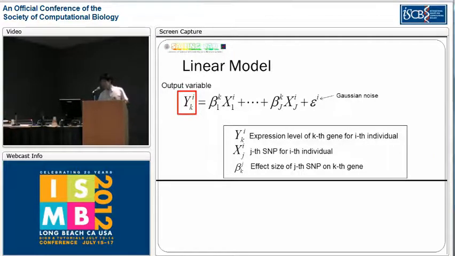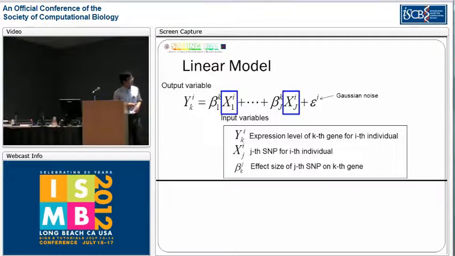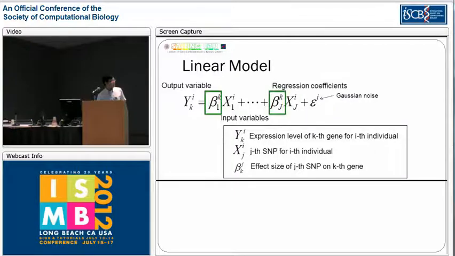And we have also input variables, which are j SNPs for the same individual. So x_ji represents the jth SNP for the ith individual. And also we have regression coefficients, beta, which represents the effect size of the jth SNP on the kth gene.